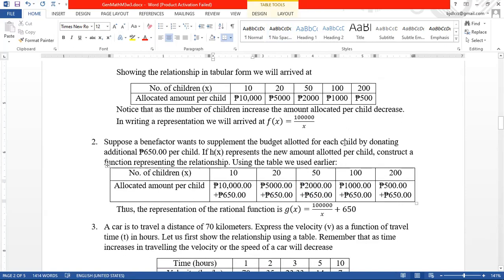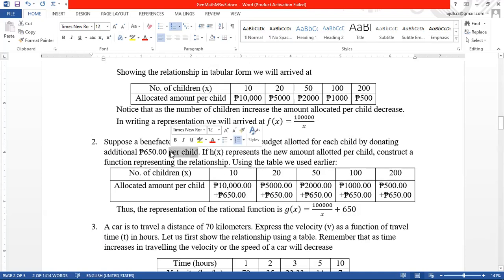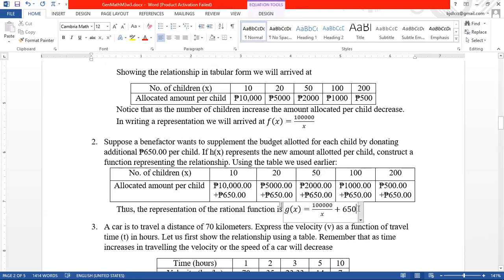So, supplement the budget allotted to each child by donating an additional 650 per child. So plus na to siya og 650 per child.